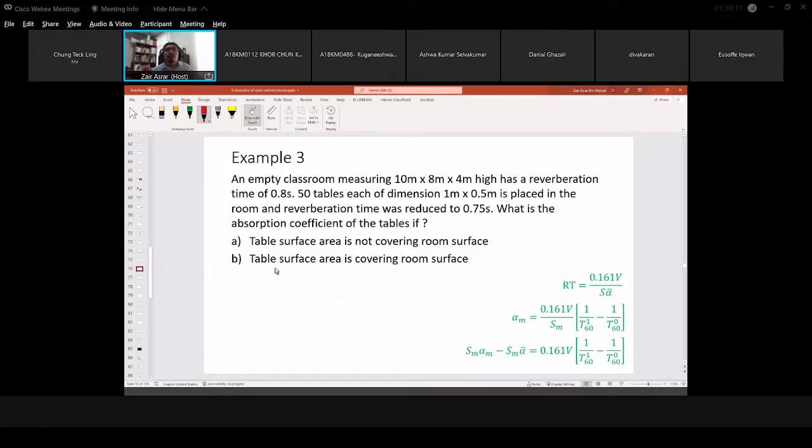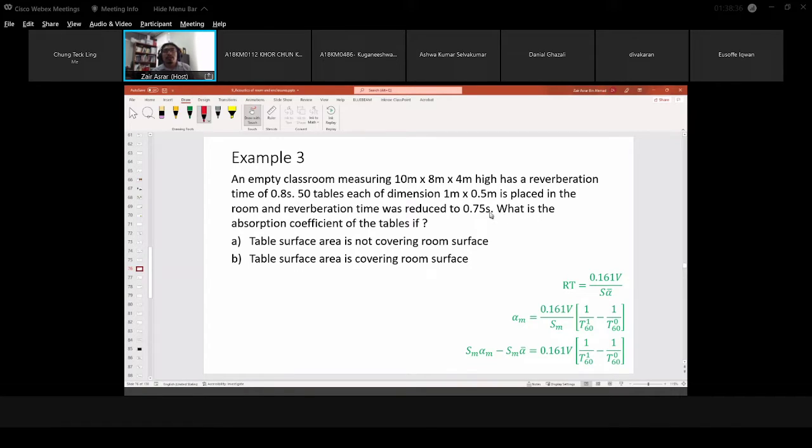Okay, so in this example, let's say we have an empty classroom with this dimension, 10 meters times 8 meters times 4 meters, and the reverberation time is 0.8 seconds. We were told that we have 50 tables with this surface area placed in the room, and the reverberation time is 0.75.